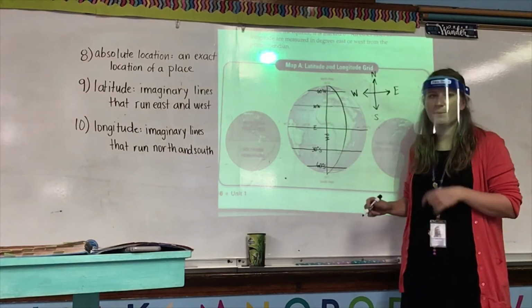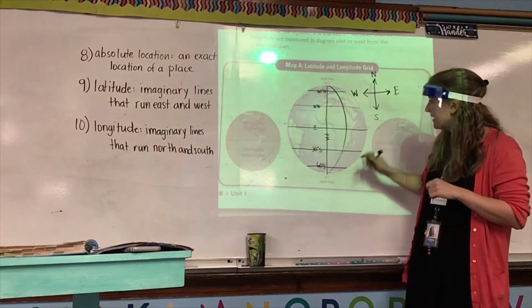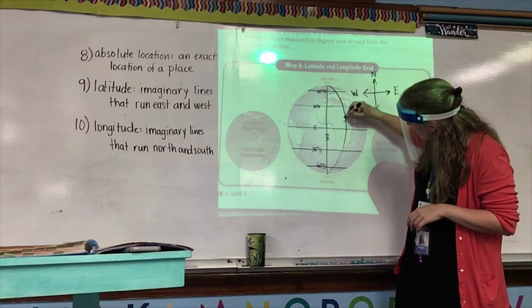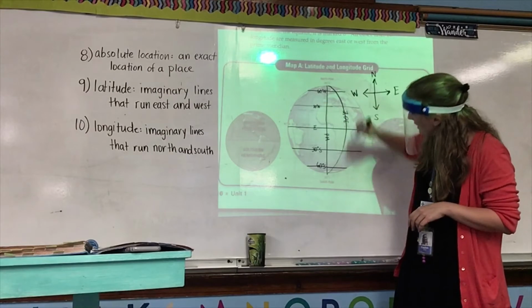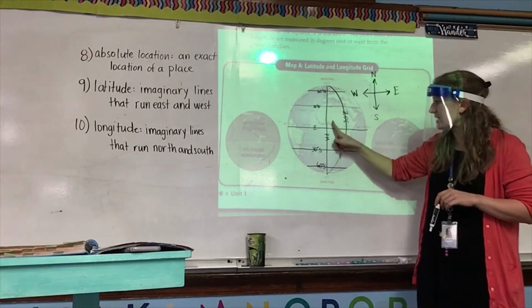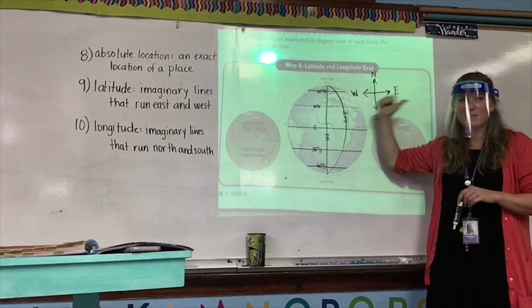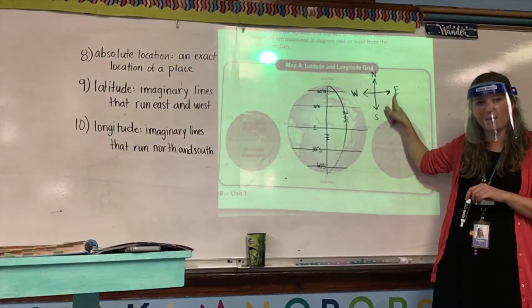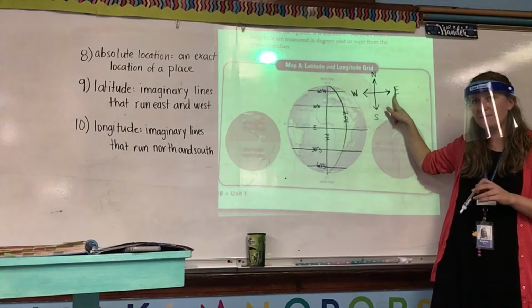So here, this one goes up and down. It's kind of curved, but it's still going up and down. And we see that it is marked 30 degrees east. Notice, it is to the right of the prime meridian. What direction is to the right when you're looking at a map? Carla?